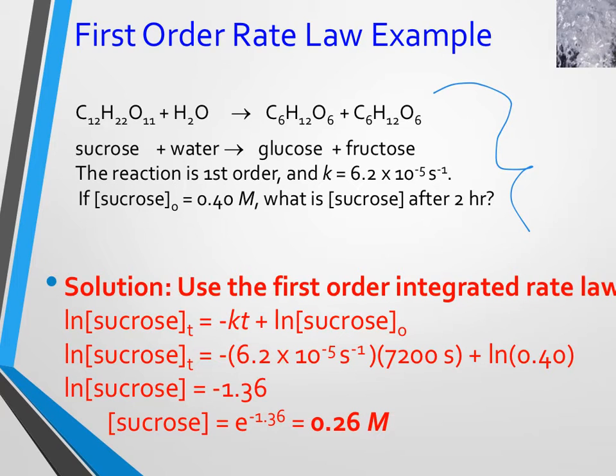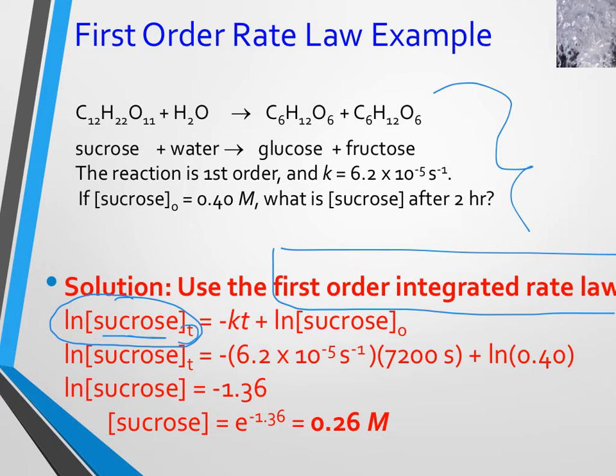They ask about time, so hopefully you figure out, okay, I need the first order integrated rate law. So half the problem here is just identifying what formula you need. Once you have that, you plug in the values you have. You're solving for the concentration of sucrose at a certain time, 2 hours actually. Plug in the information you know. They gave you the rate constant. Make sure you don't forget the minus sign there.